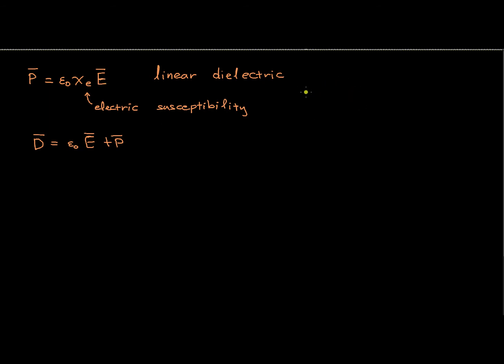Let's say we place some free charges, because that's what you control. You place some free charges, say near some insulator, near some dielectric. Now, these charges will create an electric field, because we know the electric field exists everywhere around charges.